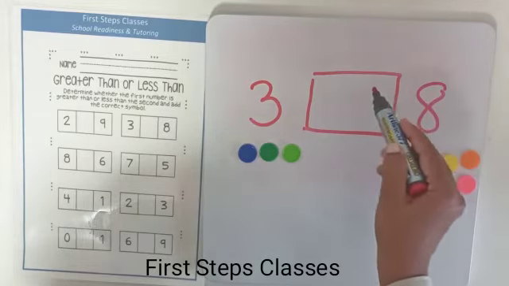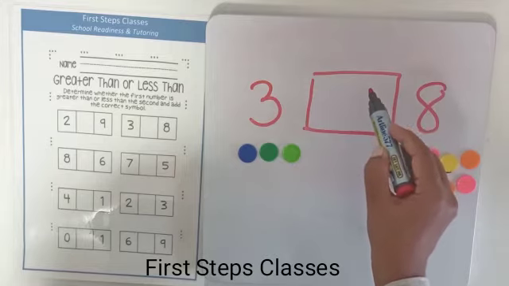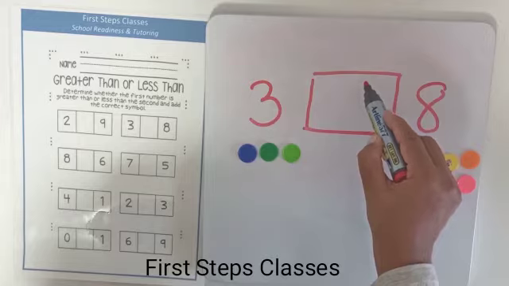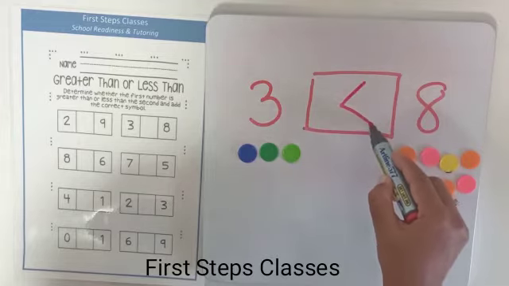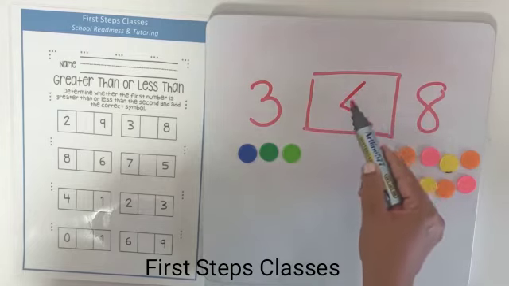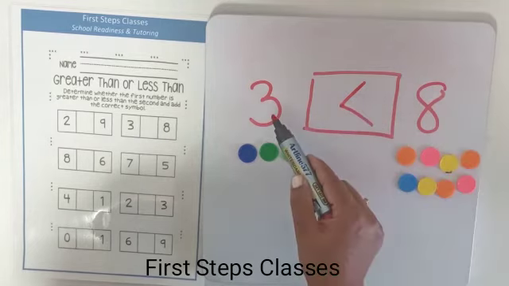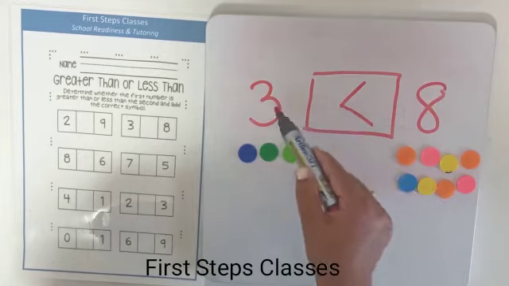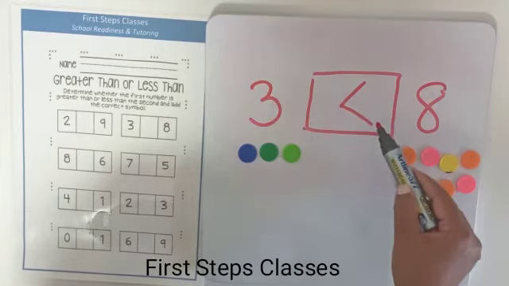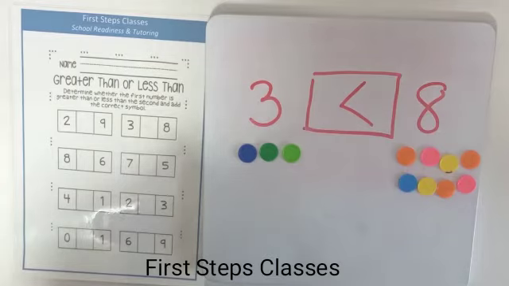As I told you, the crocodile's face faces towards the bigger number, so 8 is a bigger number, so we are going to put it like this again. So the crocodile's open face faces towards the bigger number, and the closed end faces towards the smaller number. So this is how you put a greater than or a less than sign.